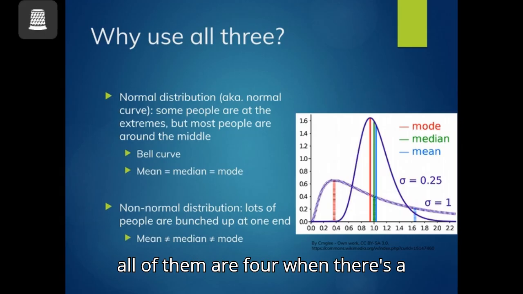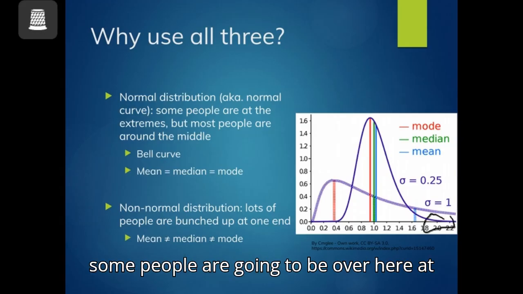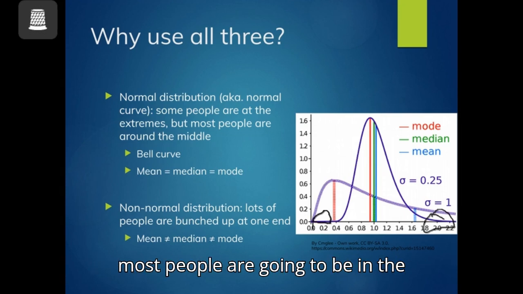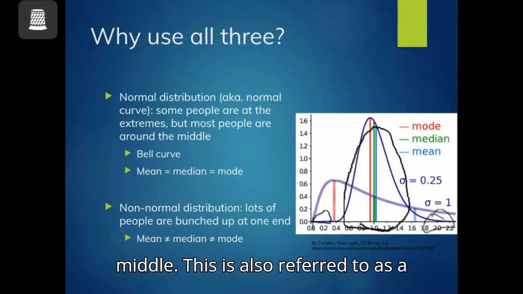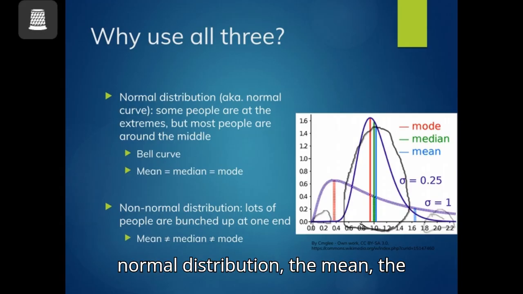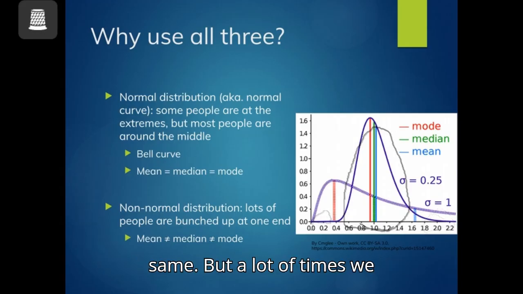Now, all of them are 4 when there's a normal distribution, aka a normal curve. This means that some people are going to be over here at the extreme down here, some people are going to be at the extreme up here, but most people are going to be in the middle. This is also referred to as a bell curve. So with a normal distribution, the mean, the median, and the mode are roughly the same.